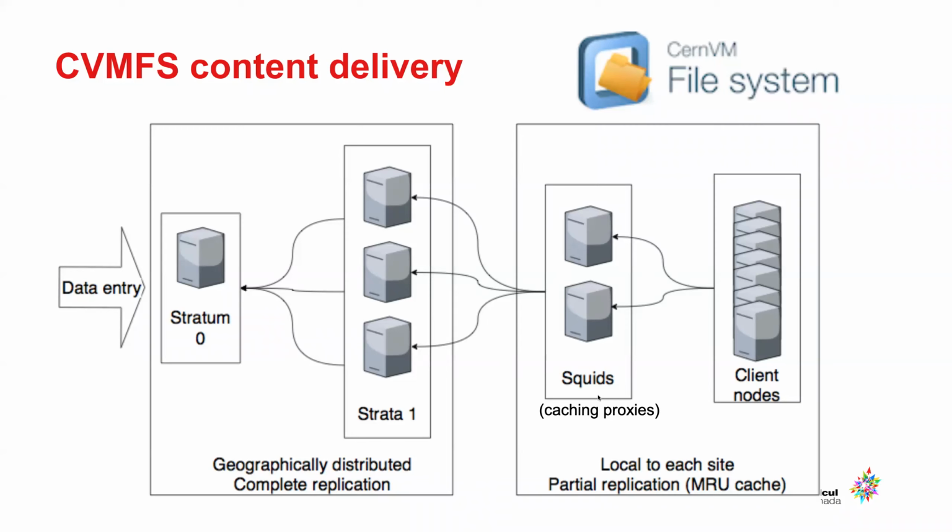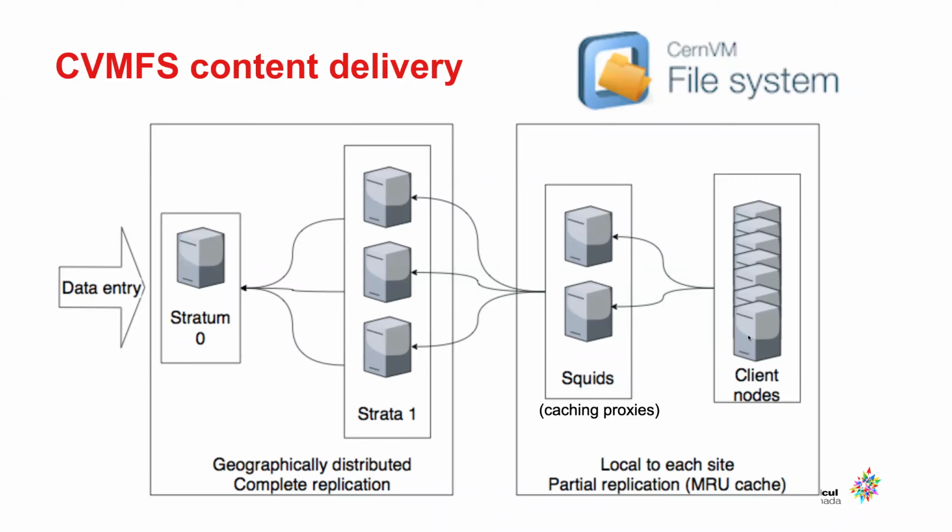On the site, since the data is distributed by HTTP, you will typically have a couple of HTTP squids, so caching proxies that will host a partial cache of what has been used on your cluster. And then the client nodes also typically have a local cache on disk, or if there is no disk on the local node, the local cache can be put on the parallel file system. We have one cluster that works that way.